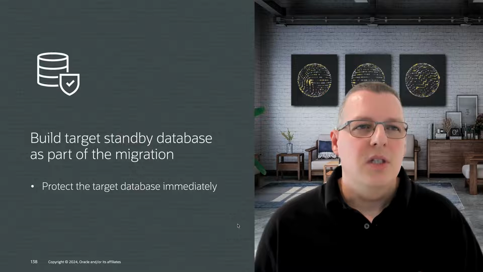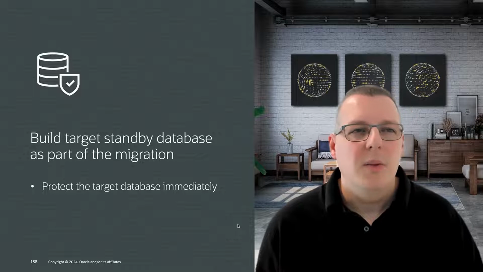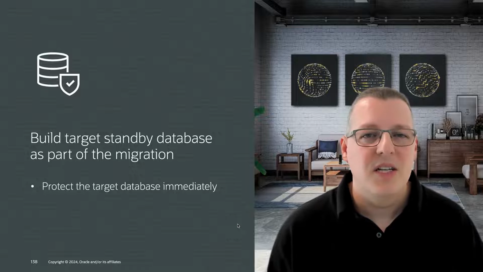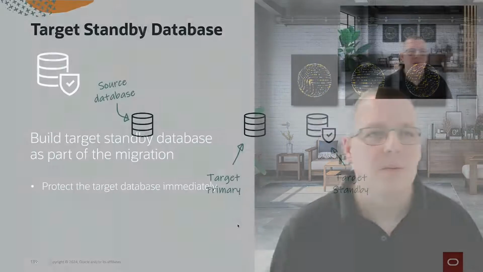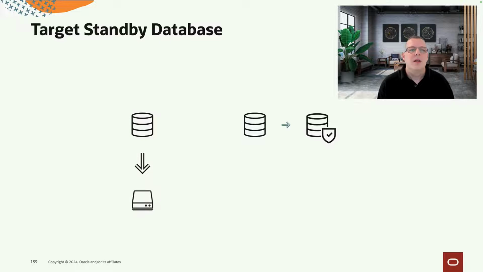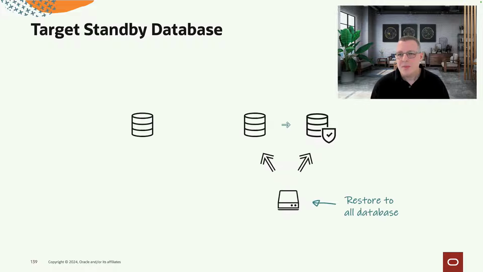Another thing to consider is to build the target standby as part of the migration, so you protect the target database immediately after the migration. So you have your source database, your target primary, and your target standby. You take one backup on your source database, and you restore to both the target and the target standby.